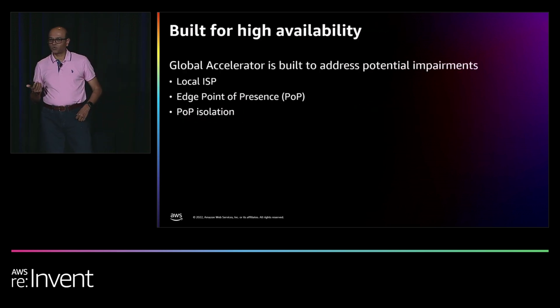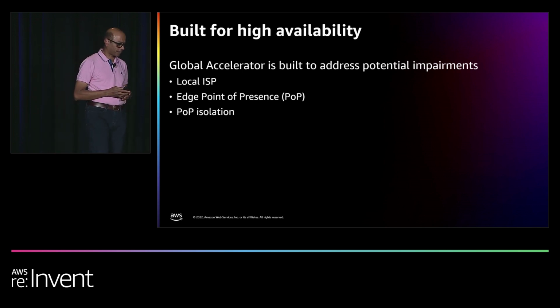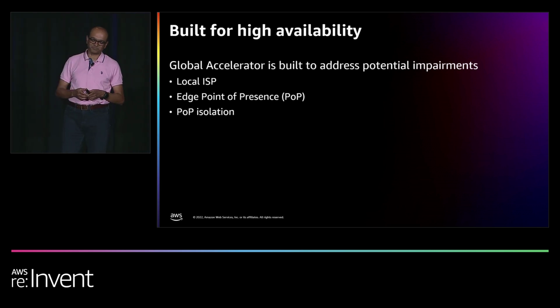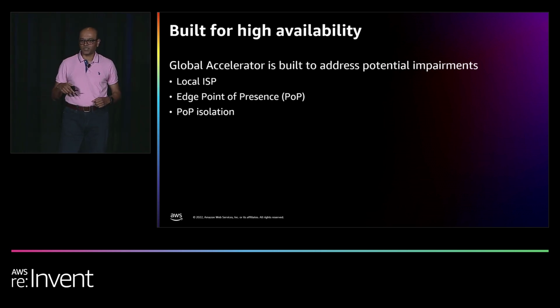So this begs the question, why is it so difficult to get availability right on the public internet? As our CTO, Werner Vogels, has famously said, everything fails all the time. So customer availability is impacted by the infrastructure on which the application is run.